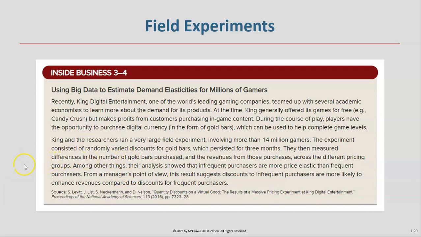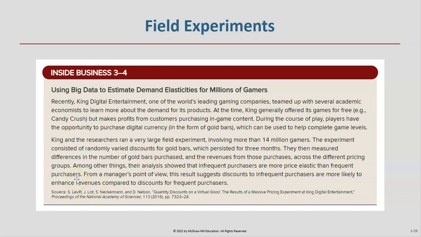The video game business firm decided to vary the price to see how players responded. And what they found, in the second to last sentence, was that infrequent purchasers are more price elastic than frequent purchasers.